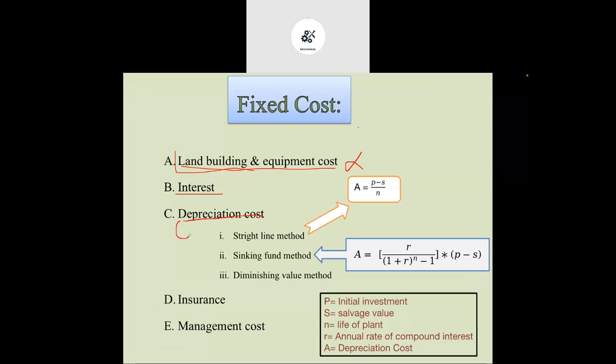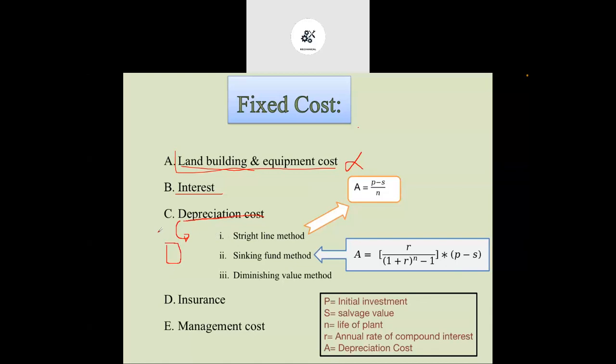So for that, per year, we separate or save money. We keep some money from the profit of the power plant, and that saved money is used to construct the new power plant when the life of this old power plant is over.